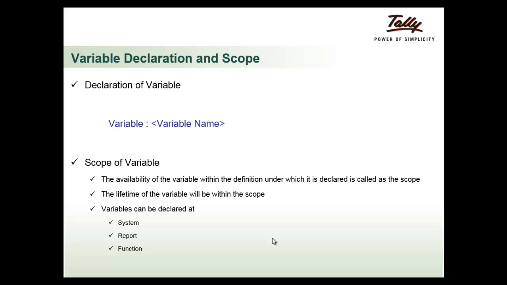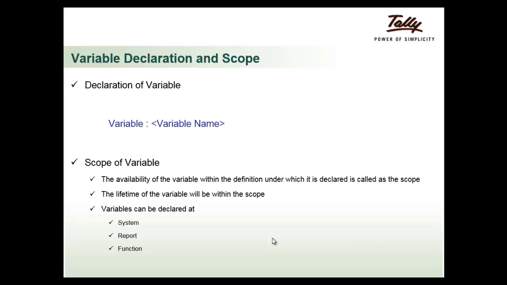So then we went to the variable declaration and scope. So till now we saw how to define variables. So now we went to the declaration of variables. So you can declare variables in different formats. This is one example of format where you say variable: give the variable name. So when you declare the variable, you need to scope the variable to some level. So what is the scope of variable?